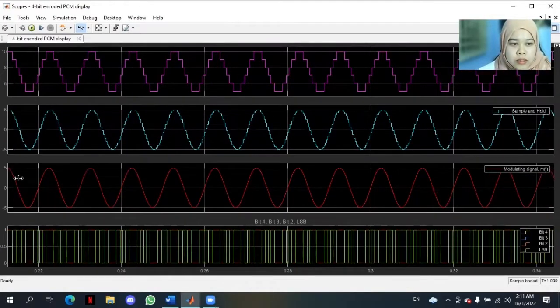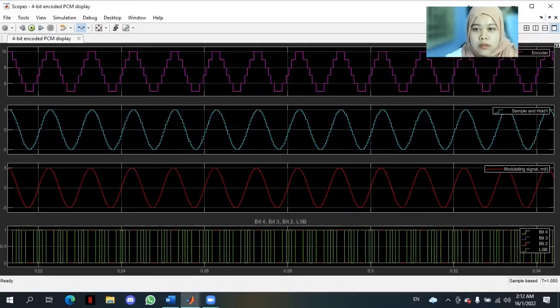For the MT that we set 5 for the amplitude and for the S is 5 also. So that's it for the 4-bit encoded PCM.